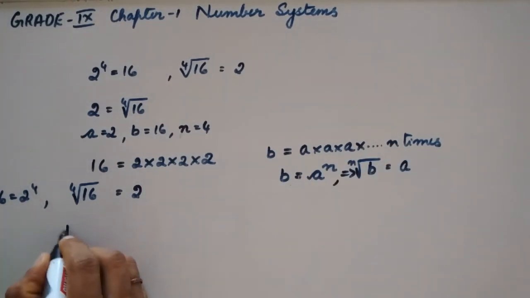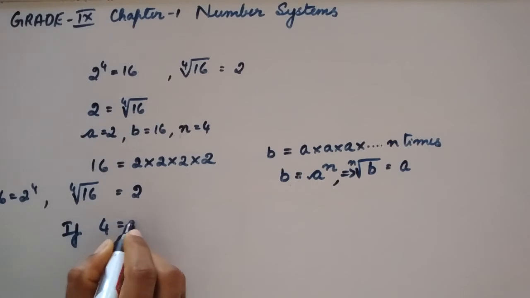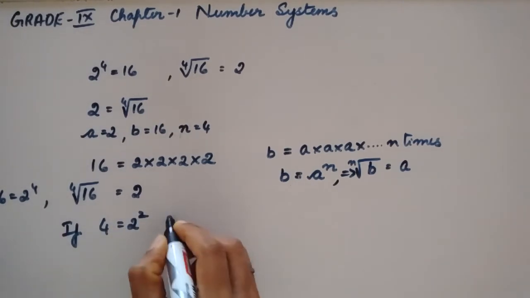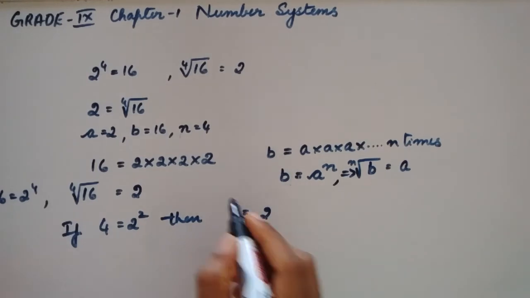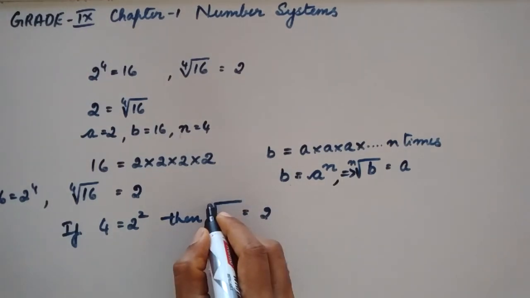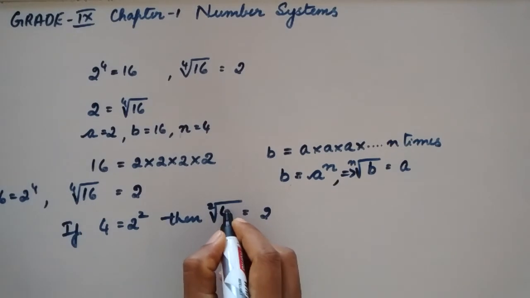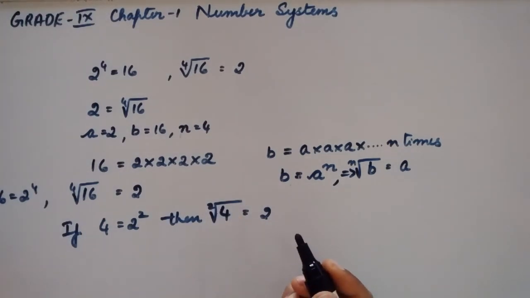That is, if 4 is equal to 2 squared, then 2 is equal to the square root of 4, isn't it, students? Okay.